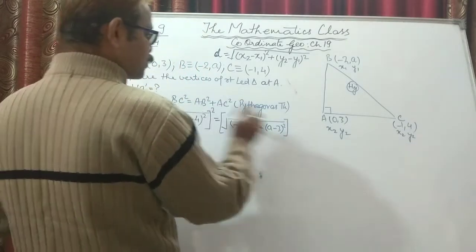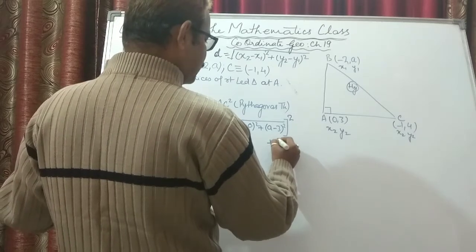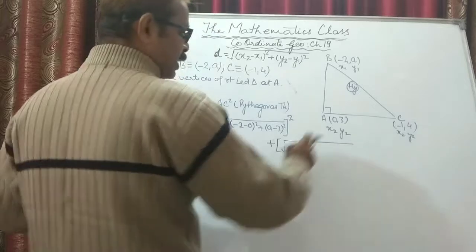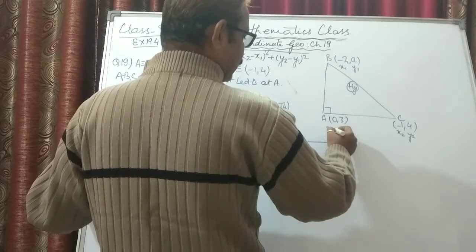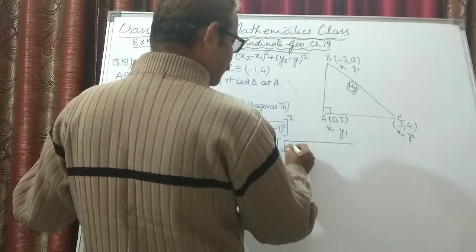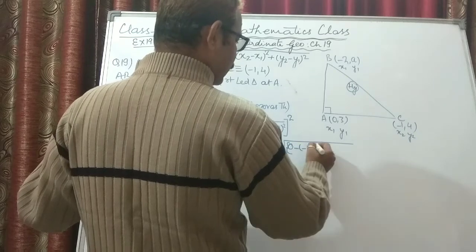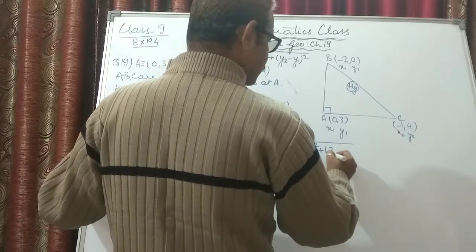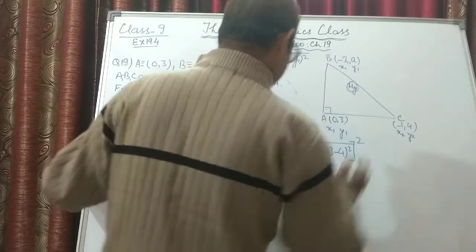So we need AB square, so we will put AB square plus AC square. Now for AC, we can take coordinates of point A as x1, y1. So x1, that is 0 minus of minus 1 whole square, plus y1, which is 3, minus y2, which is 4, whole square, and it's whole square.